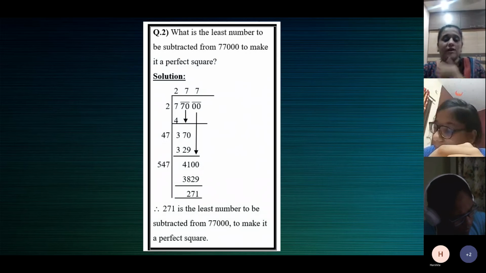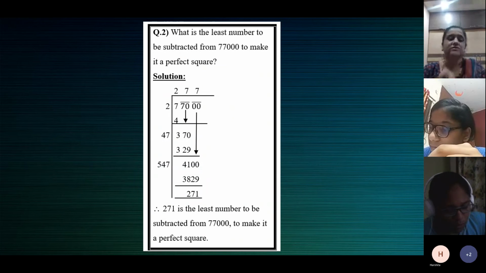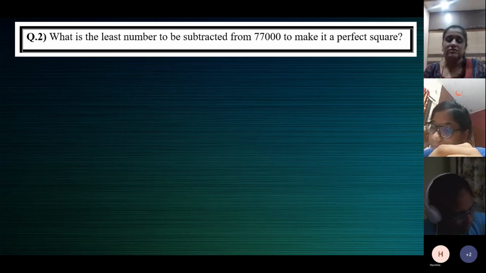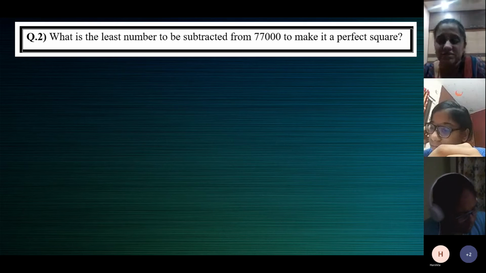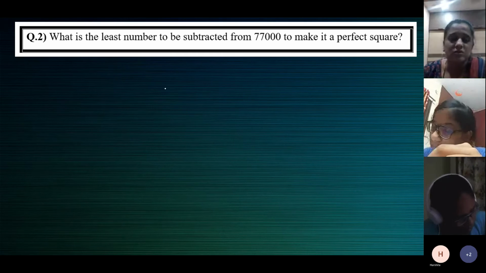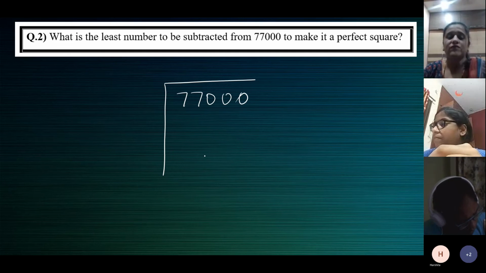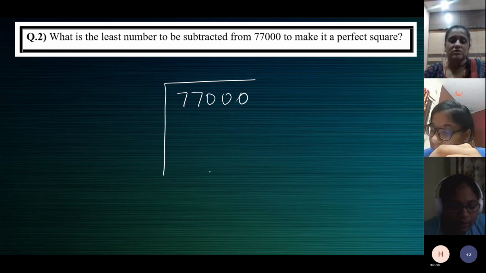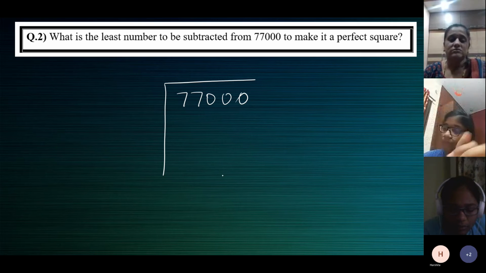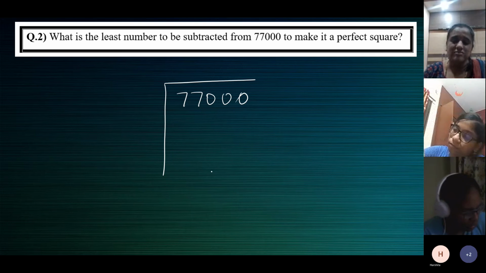To find the least number to be subtracted, whatever is the remainder should be subtracted. So use the long division method and find the square root of 77,000. It's not a perfect square. You will get some remainder.